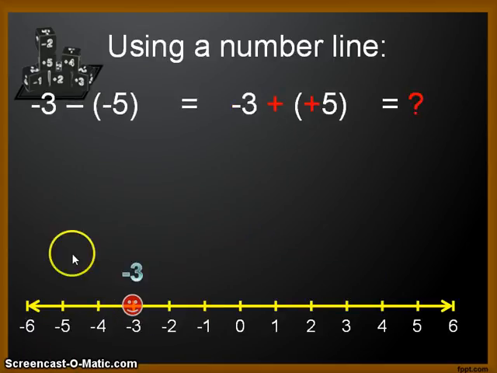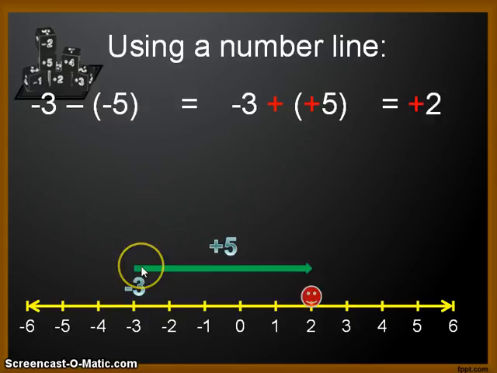Next example, if we are to subtract negative 5 from negative 3, let's start at negative 3. Since we are subtracting a negative integer, we have to move in which direction? Yes, we have to move to the right, 5 places to the right. That will give us positive 2.